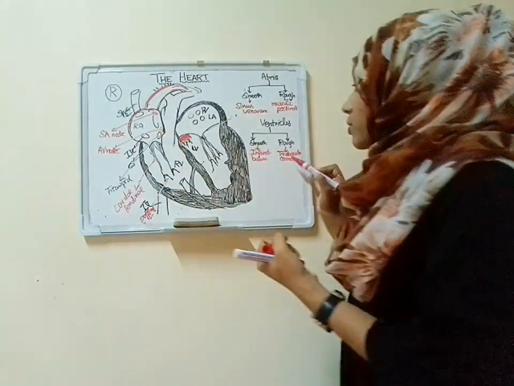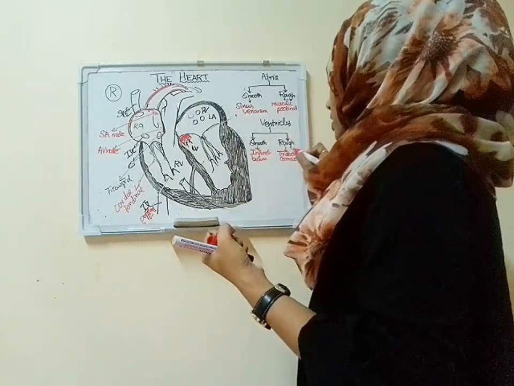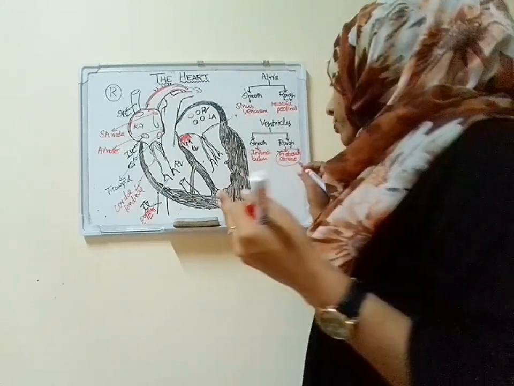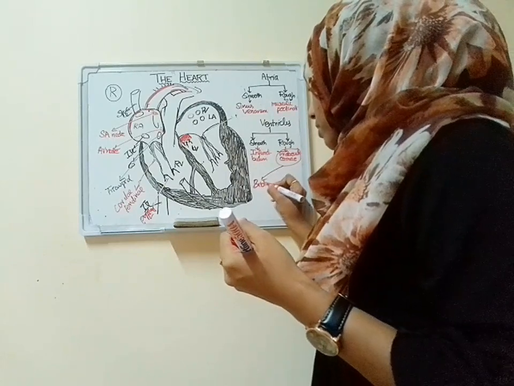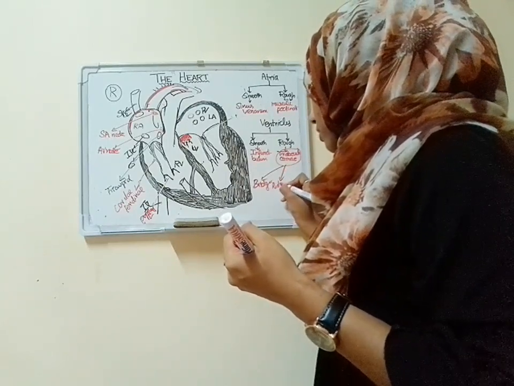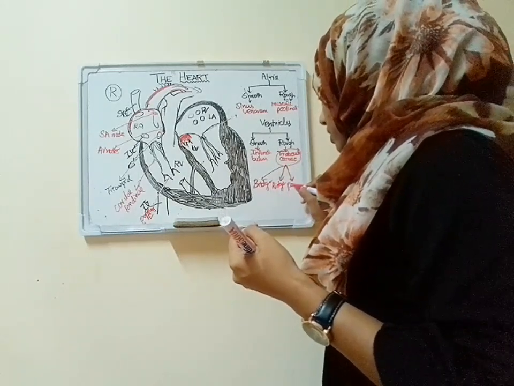Okay, coming back to this classification, the ventricles have smooth and rough surfaces. The rough surface of the ventricle, called trabeculae carneae, has three types. It can be either a bridge type, or ridge type, or papillary muscles.